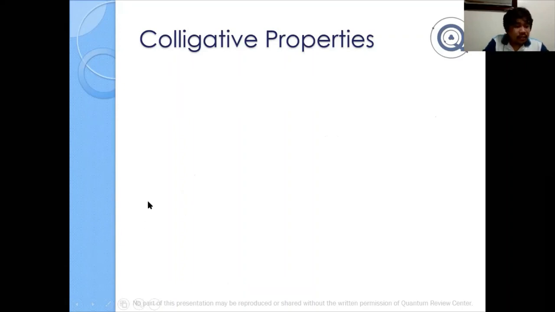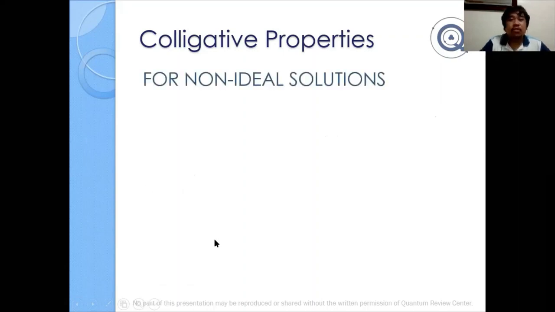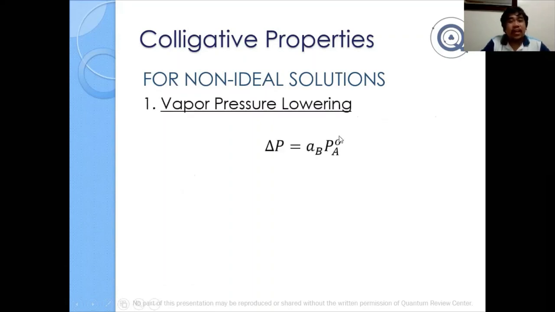Next, we're done with the colligative properties of ideal solutions. Let's now go to the non-ideal solutions. These solutions form ions. One of the clues is that they form ions because of the heightened interaction of the solute and solvent particles. So for vapor pressure lowering, the XB, the mole fraction from earlier, will now be replaced with AB, which means activity.